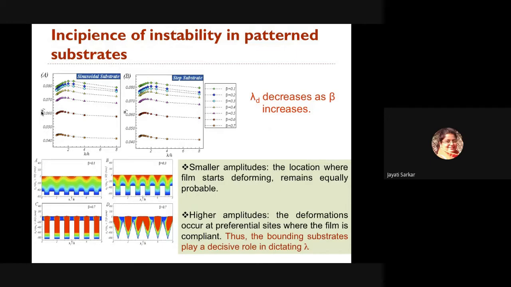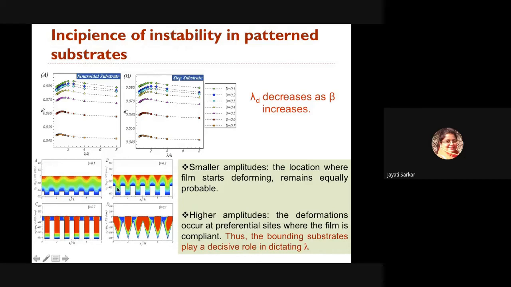So why was there a change in wavelength, to be precise? One can find out the displacement in these films, and one can see that for smaller betas, beta equal to 0.1 or beta equal to 0.3, the instabilities can start anywhere, right? Anywhere within the film, whether on the crest of these patterns or on the trough of the patterns, it didn't matter that much.